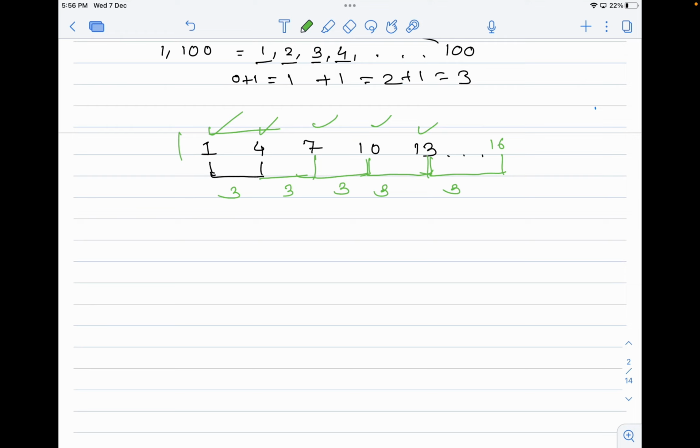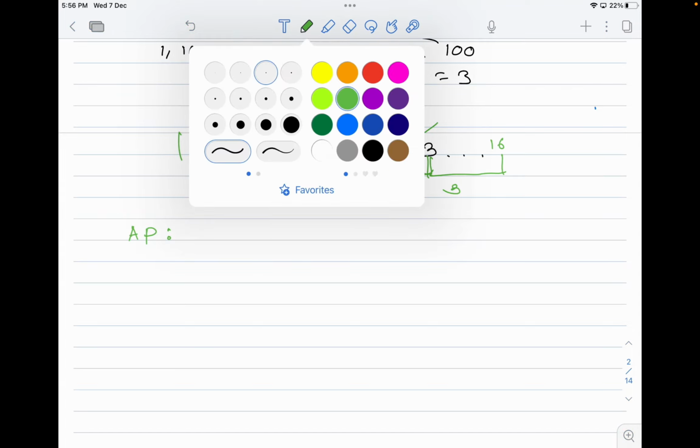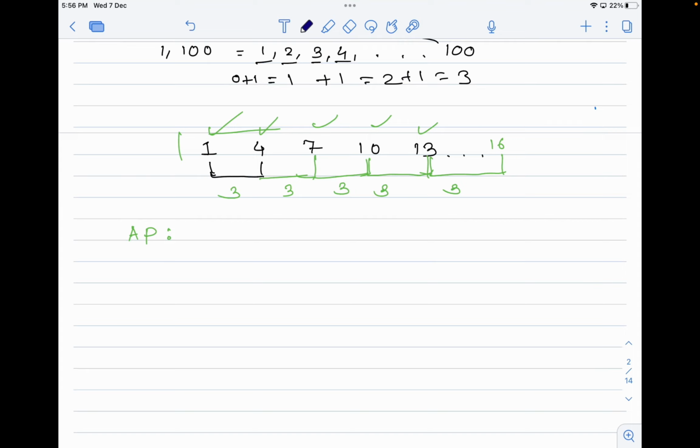Instead of that, we have one concept, that is AP, arithmetic progression.